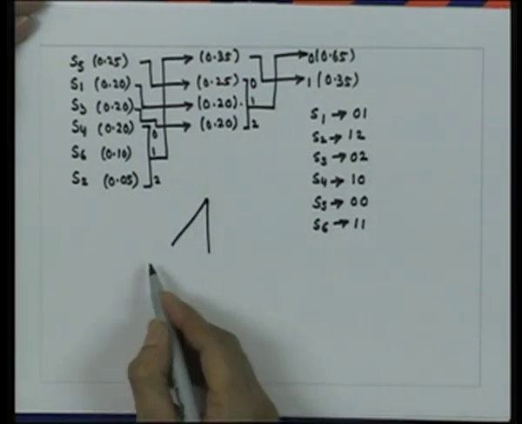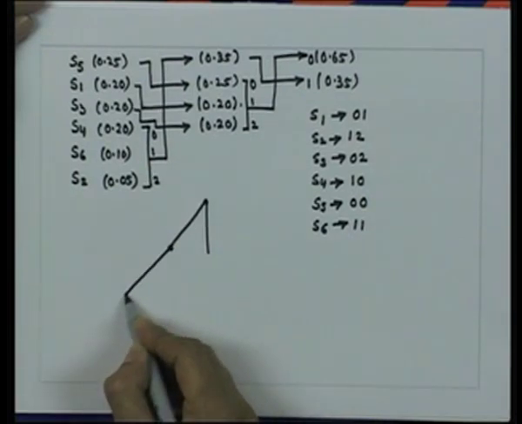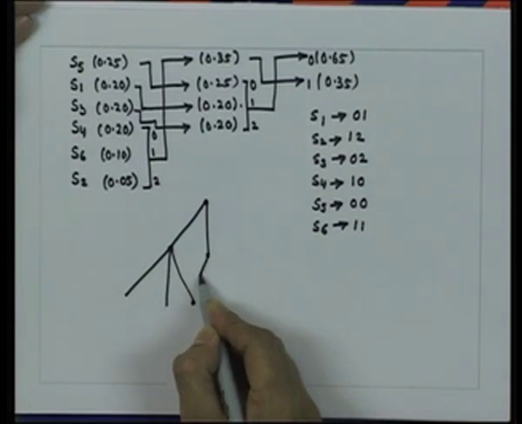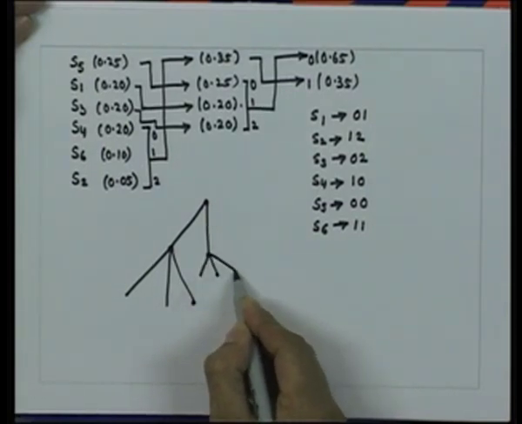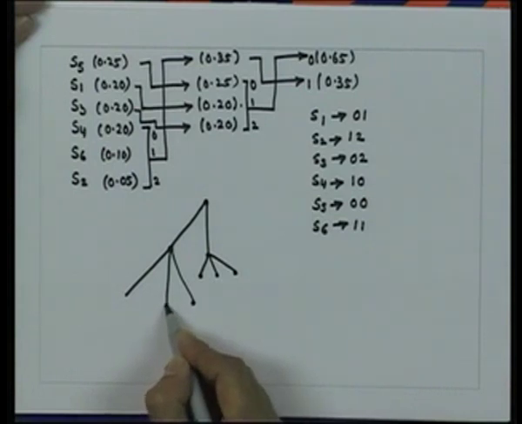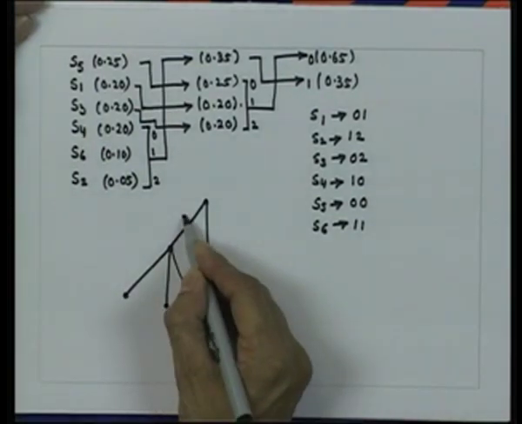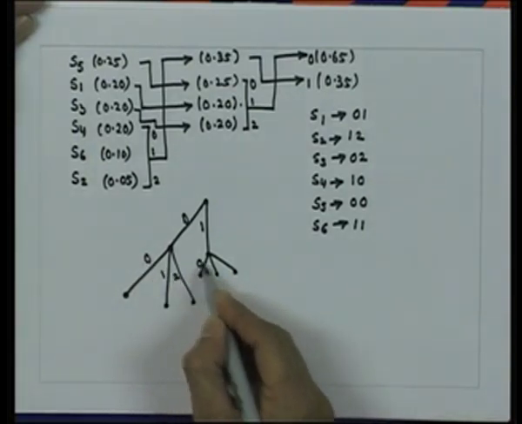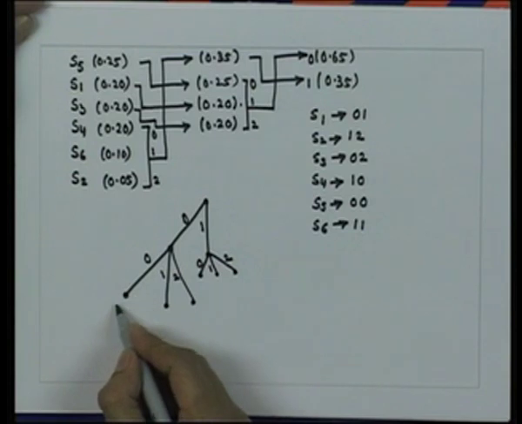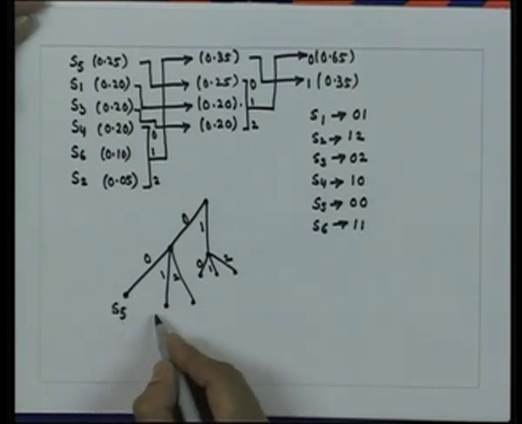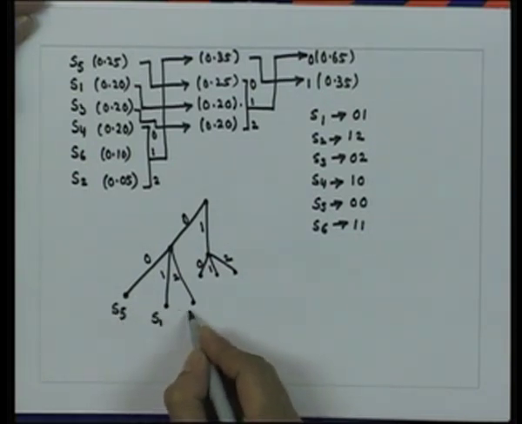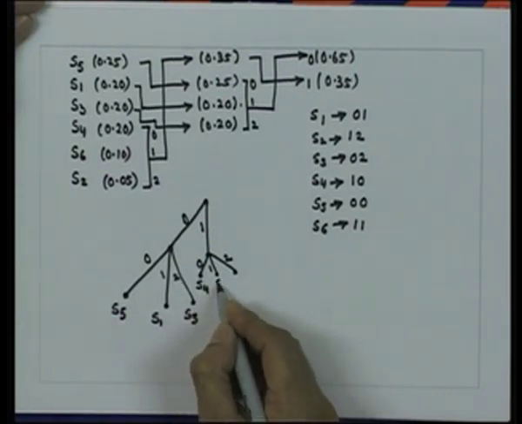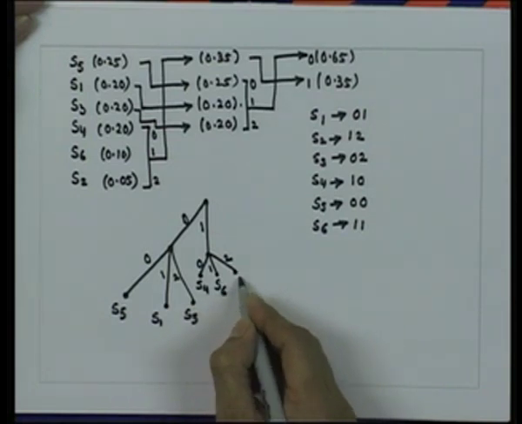And this can be indicated in the form of a tree as, this is 0, this is 1, this is 0, 1, 2, 0, 1, 2, and this leaves or external node correspond to the symbols as shown here, S6, S2.